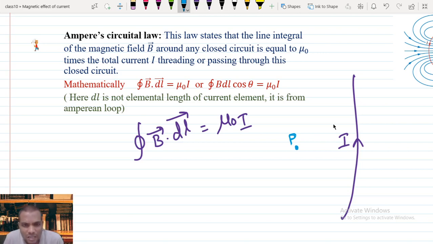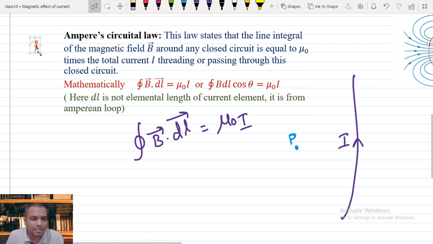But here we are trying to find an alternative, an easy way which makes the calculations very easy. For that, Ampere's circuital law, given by Ampere, says first we need to bring an Ampere loop.